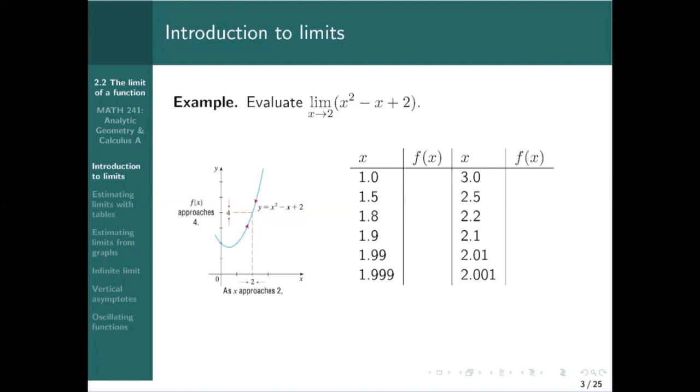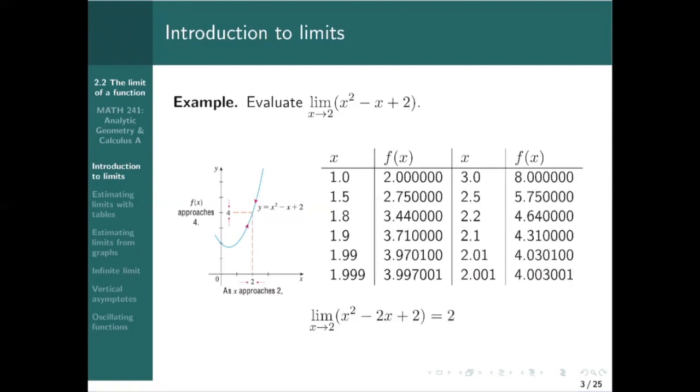So if we evaluate f of x for those values of x, those are the numbers that we are going to obtain. Notice in the second column that the numbers are approaching 4. The biggest one is 3.99. And then in the last column, the numbers are also approaching 4, with the last entry being 4.003.